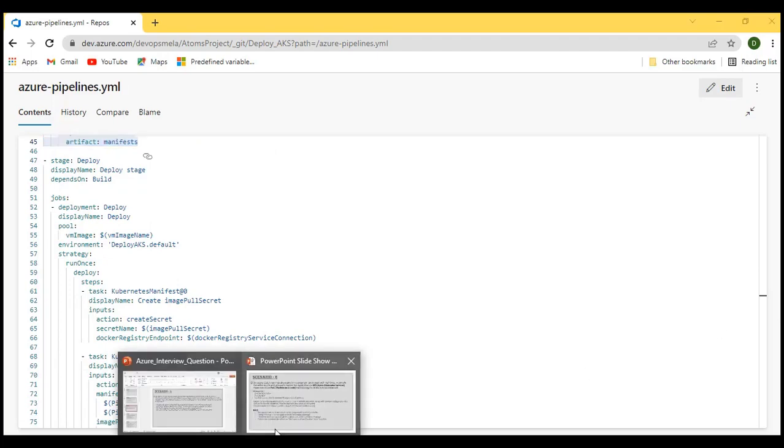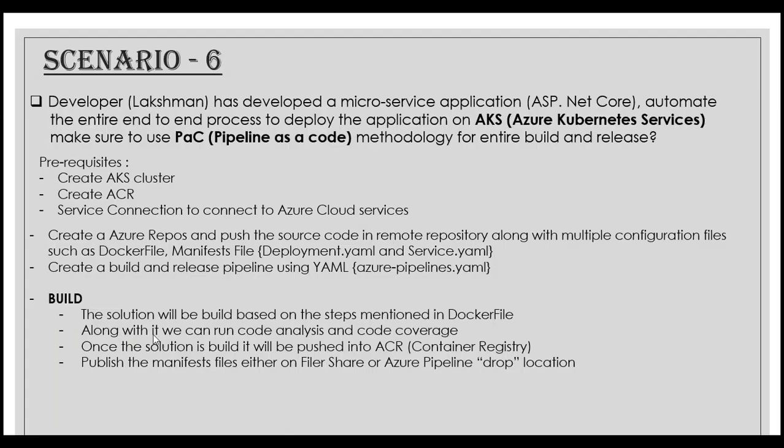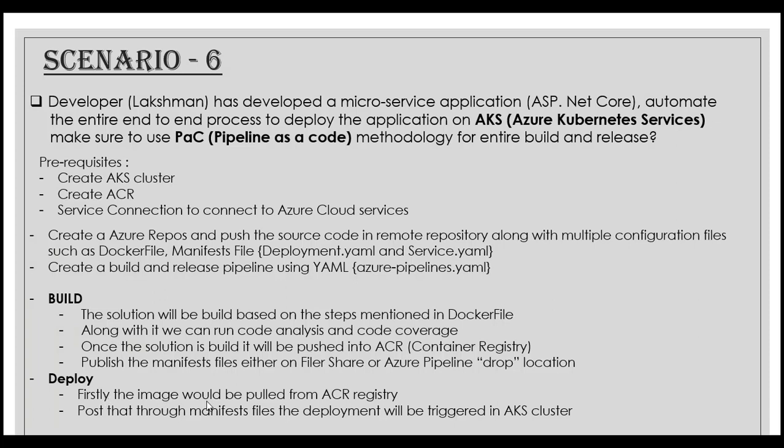Let's go back to the PPT. In deploy, firstly, the image is pulled from ACR. Whatever image we have pushed into ACR, in the deployment step we'll be pulling that image from ACR. After that, through the manifest files, the deployment will be triggered in the AKS cluster, and the pods will be created in the AKS cluster.